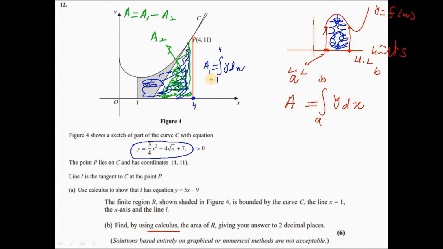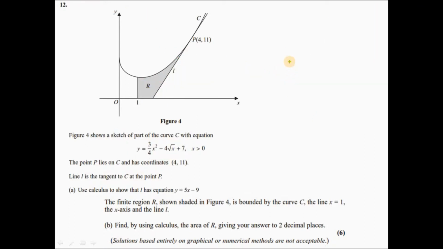So there are two steps here. First, I'm going to find the area between 1 and 4 after integrating, and then I will figure out the area of the triangle. So let's start. First, this is the point 4, and I'm going to integrate from 1 to 4 y dx, and y is this equation: 3/4 x squared minus 4 root x plus 7, dx.